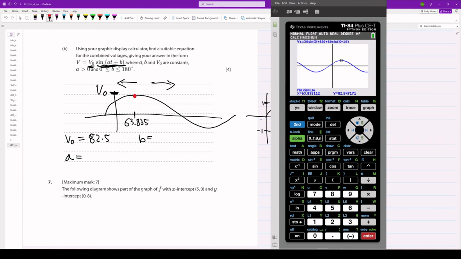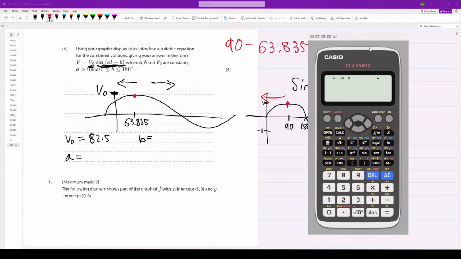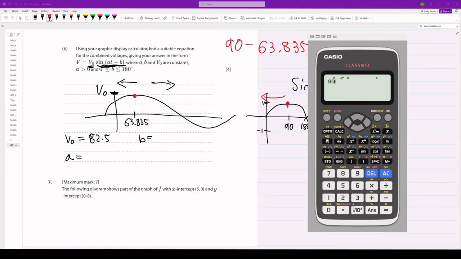So if it was at 90, that means that it's been shifted that way by, I can't do this in my head. Calculator. Let's hide the other calculator. There we go. 90, take away 63.835.